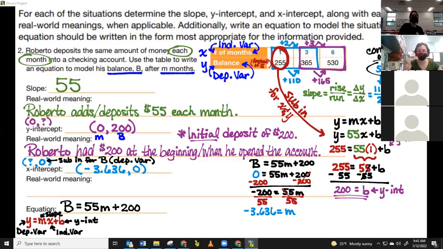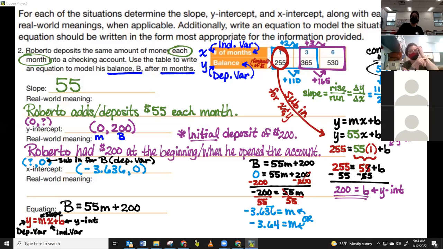What does that mean? What does that mean in a real world context here? Yes, you can put negative 0.6 or negative 3.64. Absolutely. It's not my slope.